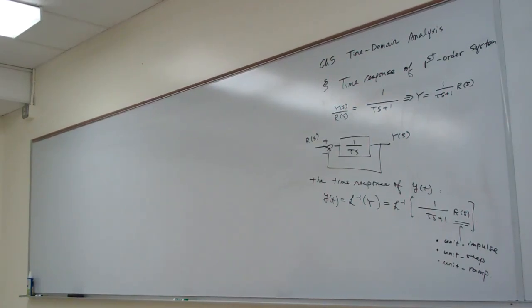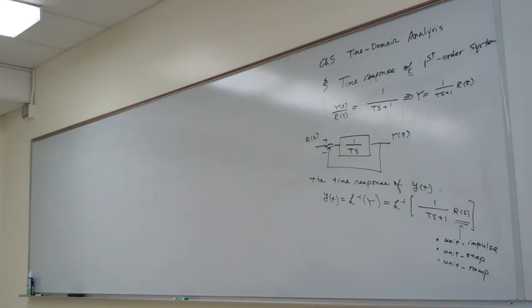When R(s) equals 1, Y(t) equals the inverse Laplace of 1 over (Ts plus 1) times 1. We have described this in our previous lectures in the last couple of weeks, so this should be very straightforward. So we do this.